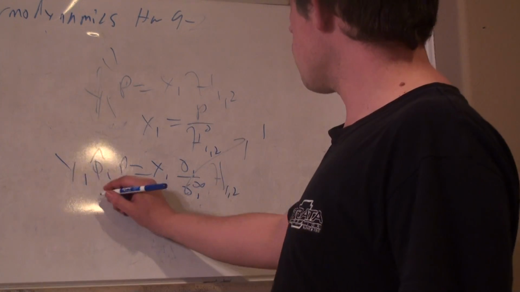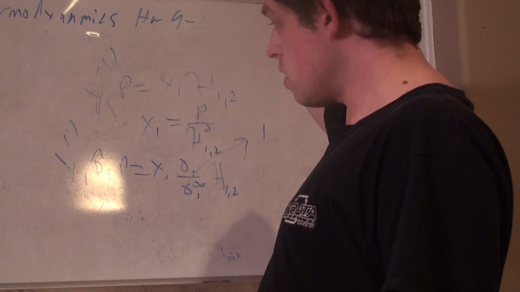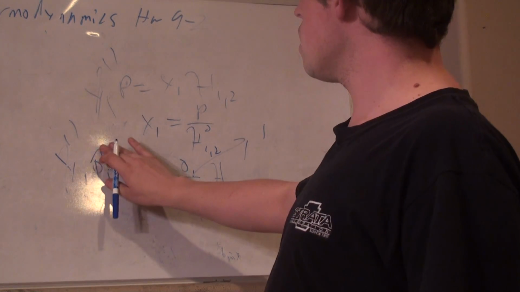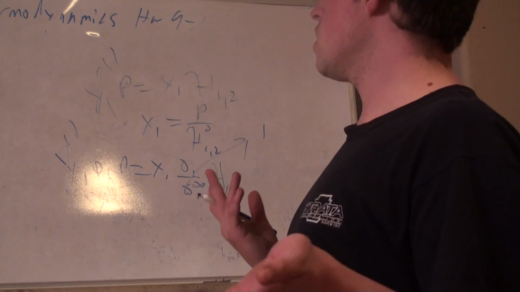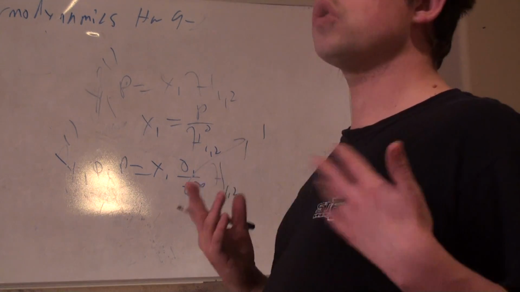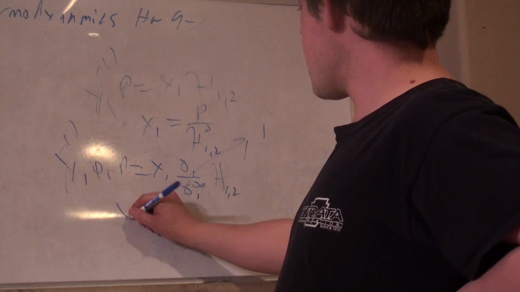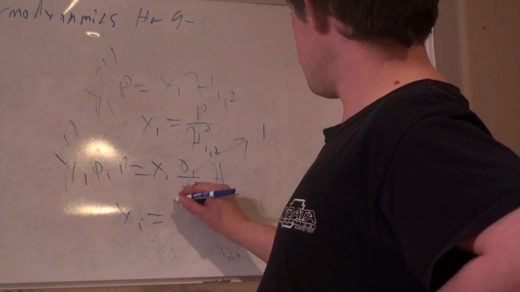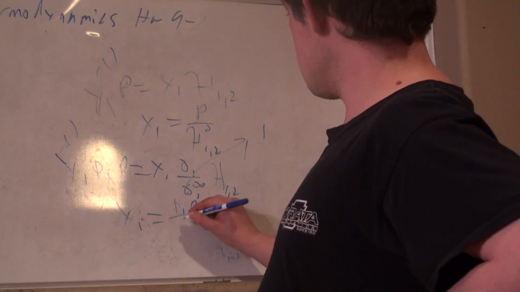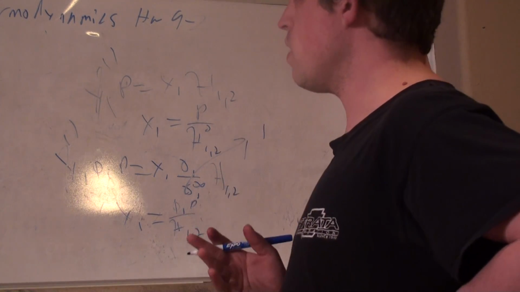So our y1 in this case, we're still going to assume it's pure. If it's pure, we're going to assume the Lewis-Randall fugacity rule applies. And so x1 simplifies down to phi1 P over my Henry's law constant. Again, Lewis-Randall.